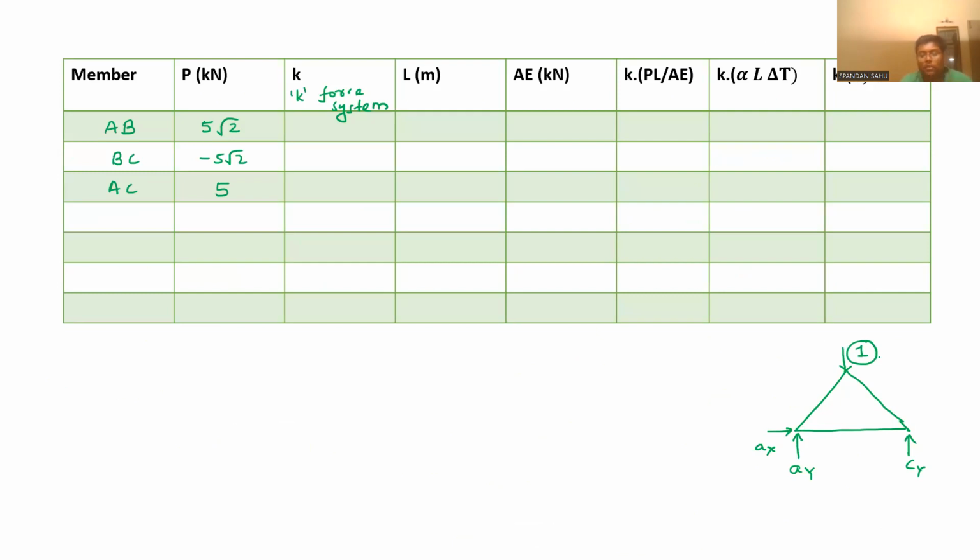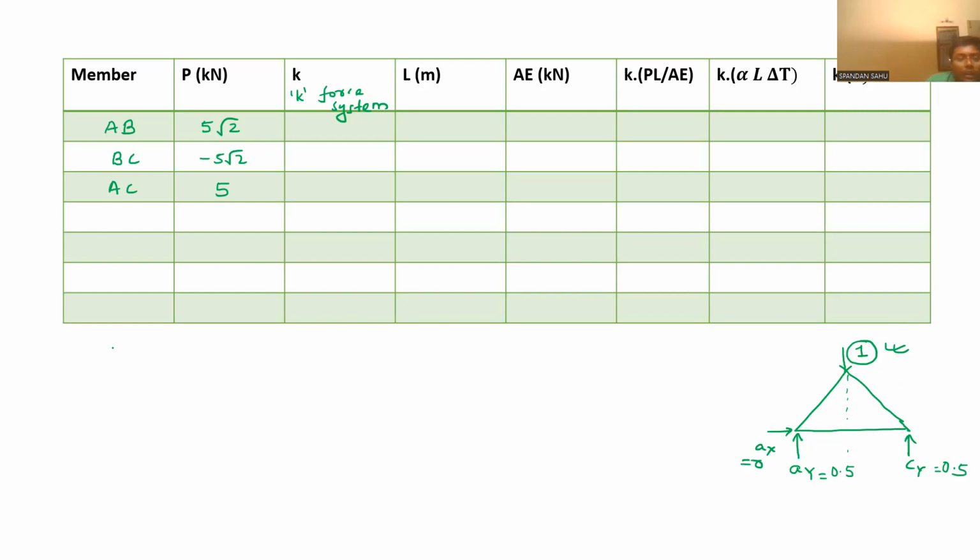Now see, this truss is symmetric about this line. So this AY and CY will be equal in magnitude. So directly we can write 0.5 and 0.5. There is no horizontal force. So AX is straight away 0. So we are done with those support reactions due to this unit load.